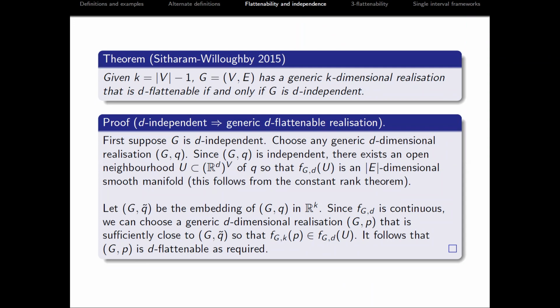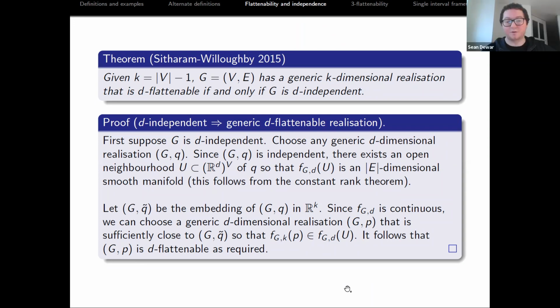It says let Q tilde be the embedding of... Oh, so I mean the embedded framework, I guess, just by seeing RD inside of RK? Yes. So that's all we've done there. It's a technicality, I guess. You could just go with GQ. It doesn't really matter. Any other questions about this?